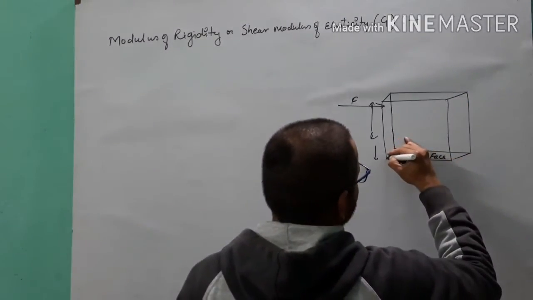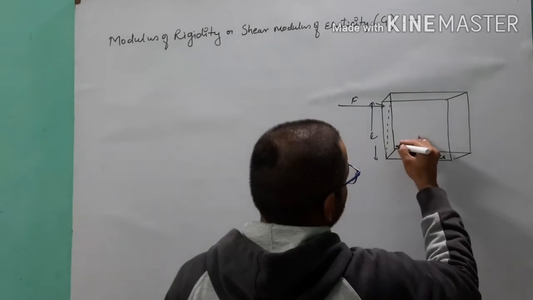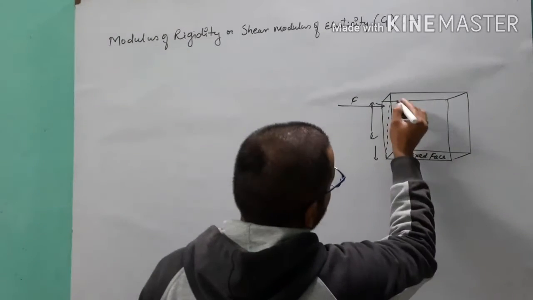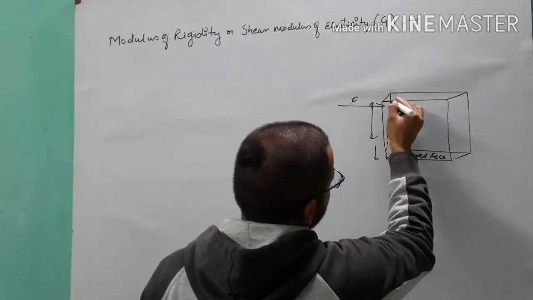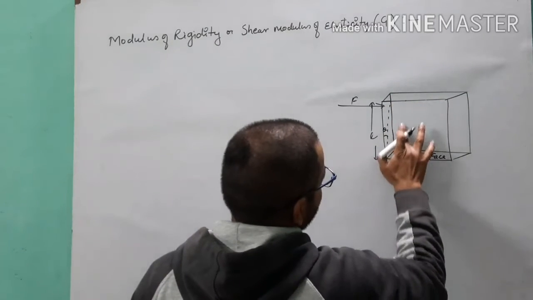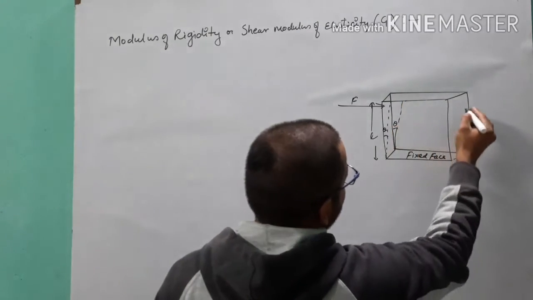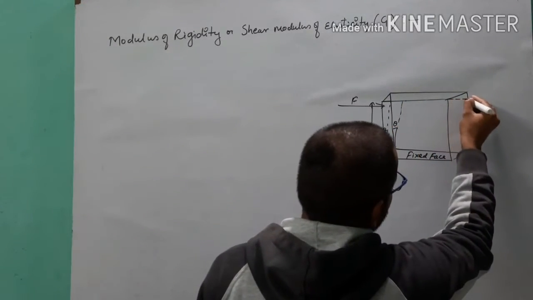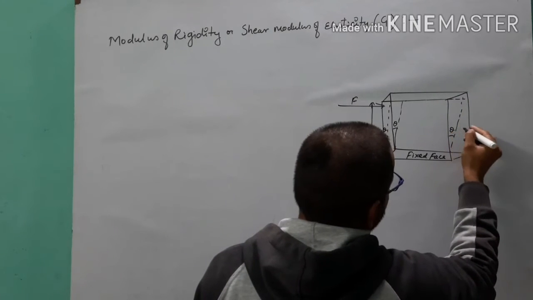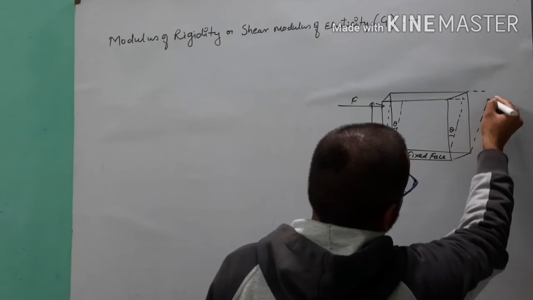Suppose the configuration changes by an angle theta. From the given diagram, we can write that this is the displacement of angle theta, and similarly the same will be here. This is our theta. I drew this diagram in my previous video also when I discussed shearing strain.